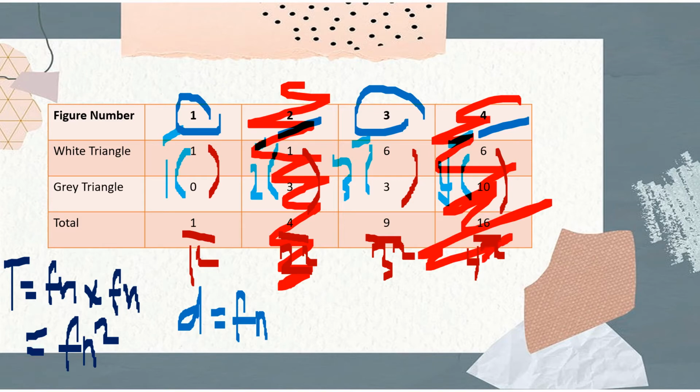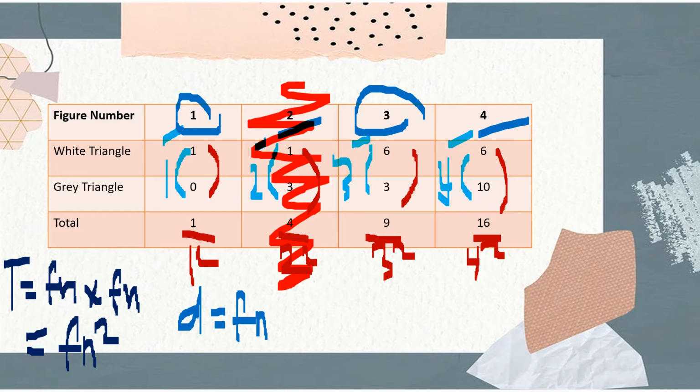Just focus on the odd numbers first. In every odd number, the white triangle is always bigger than the gray triangle. Figure number 1 is an odd number, right? So it has 1 white triangle and 0 gray triangle. And at figure number 3, it has 6 white triangles and 3 gray triangles. The white triangle is always bigger than the gray triangle in odd figure numbers.